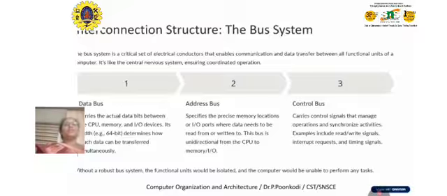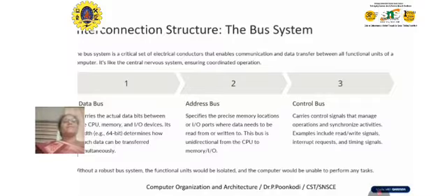And these are the different types of buses used to connect the peripherals, that is, to connect the devices: data bus, address bus and control bus. The data bus is responsible for carrying the data from the memory or CPU to the input-output devices.